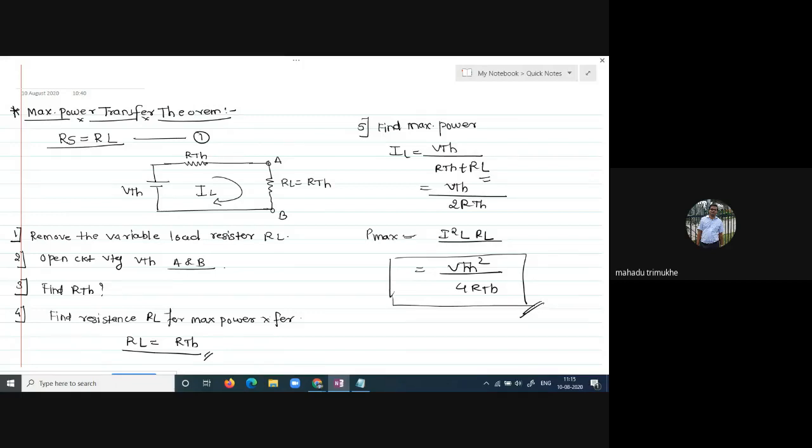For a mixed source or controlled source, calculating RTH is somewhat different.